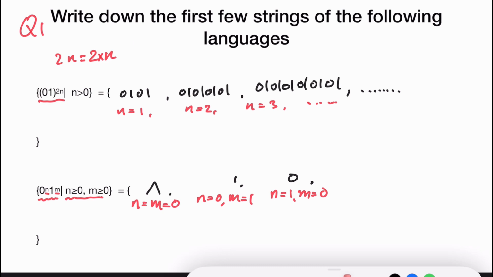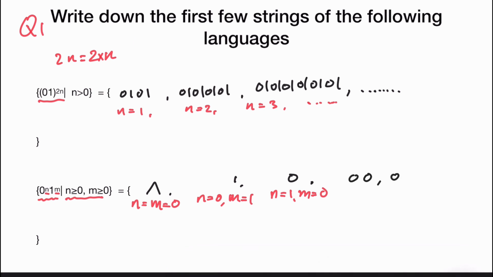Let me just write down the remaining strings a bit faster. We could have 00 and 01, 11. That is all the possible strings of length 2. And for length 3, you could have 000, 001, 011, 111.